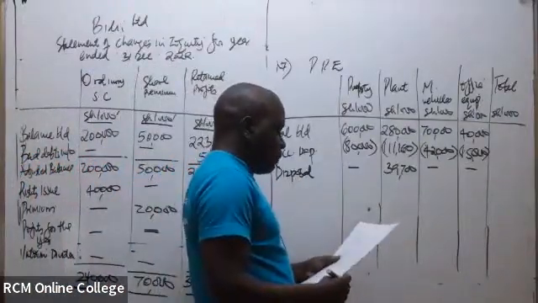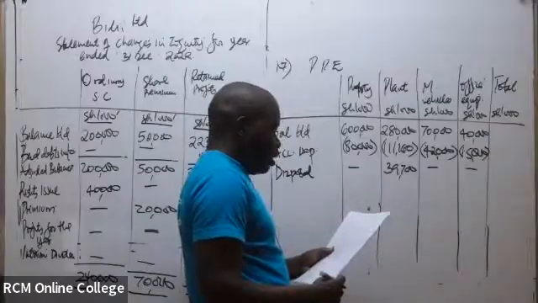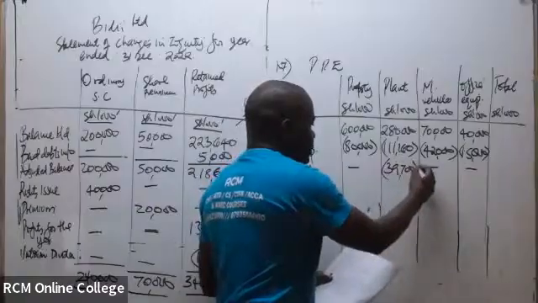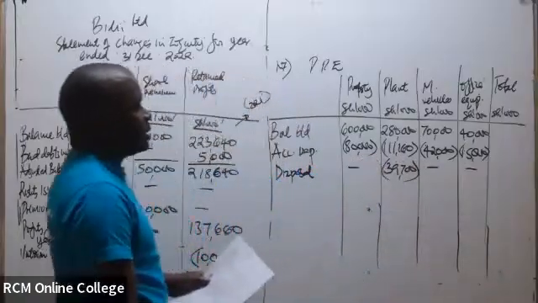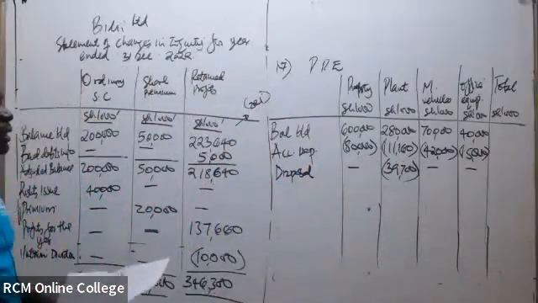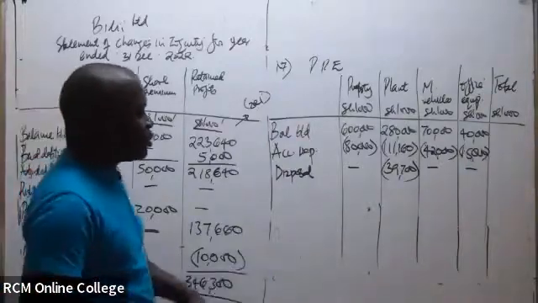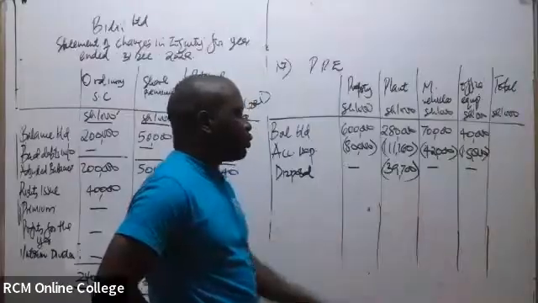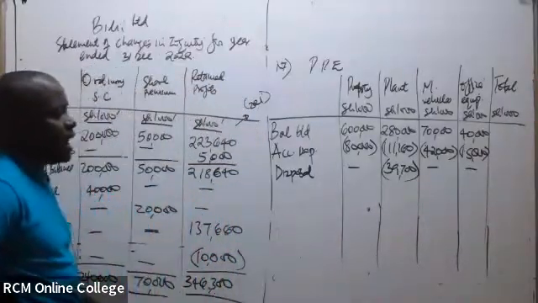Then this one we will less. So remember, I told you, you can less it at cost, or you less it at what? At net book value.